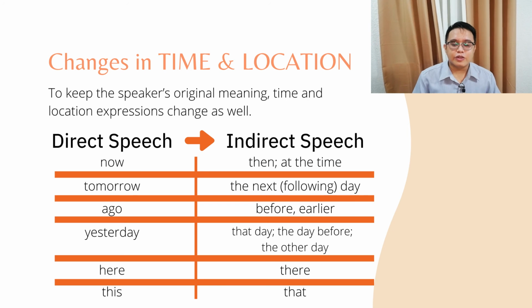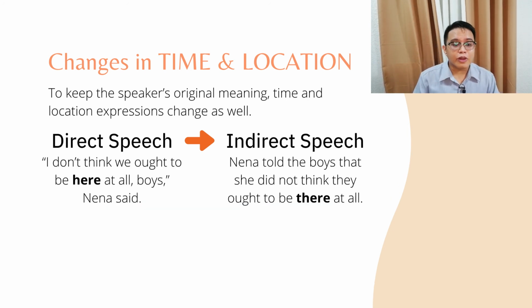Okay? So, here's our example. So, sa ato example, I don't think we ought to be here at all, boys, Nana said. So, ato na itong indirect speech, when we convert that one, mahimo siyang, Nana told the boys, o di ba na ato yung direct address, boys?